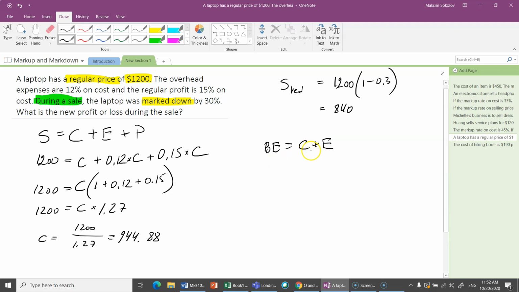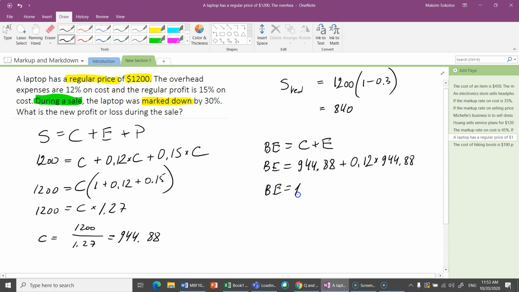Now, the cost is found already, so break-even price is 944.88 for cost plus expense, which is 12% on cost, 0.12 times C, which is 944.88 again. So break-even price is going to be 1,058.27.